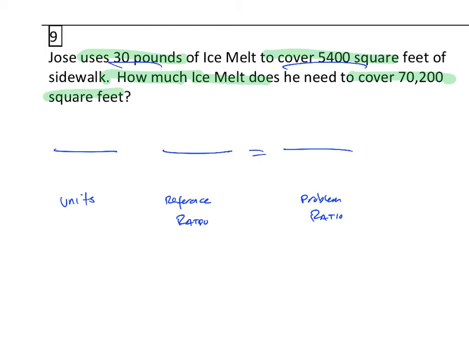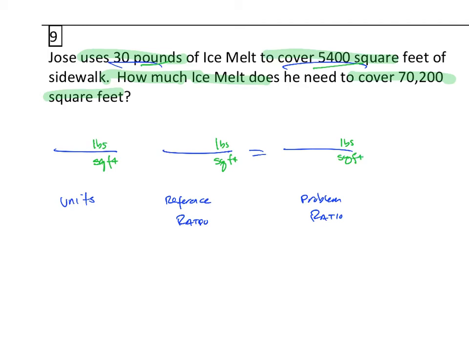And so they're only going to give us one part. So again, we say, well, what are our units? We're doing pounds per square foot. So this needs to be pounds, this needs to be square feet, and this one needs to be pounds, and this needs to be square feet.